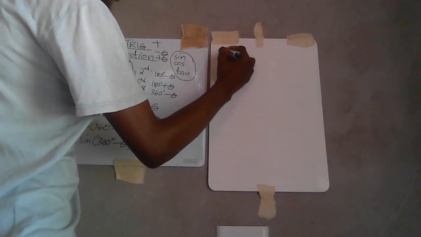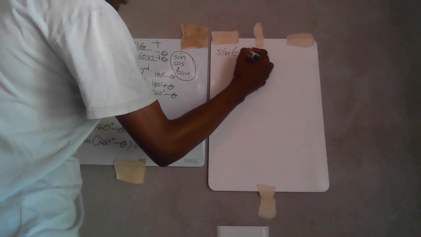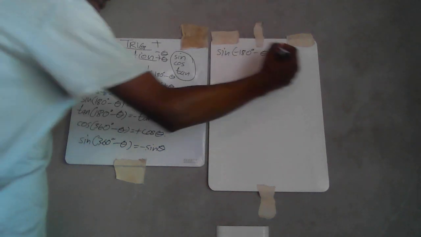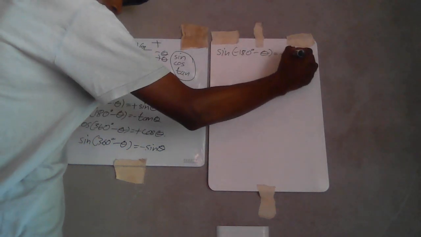If we are having sine of negative 180 minus theta, if we move this way we say plus, if we move this way we say minus. So it's minus theta, you will go to the second quadrant, where sine is positive. So this one will be positive sine theta.